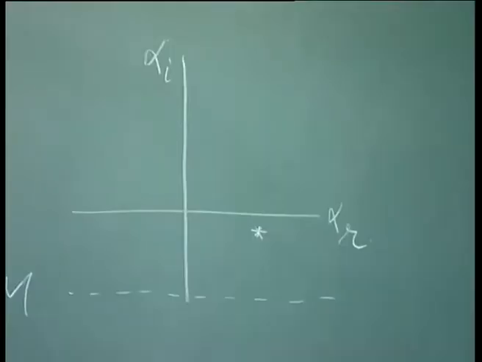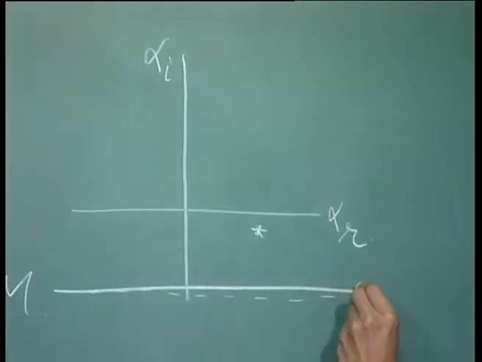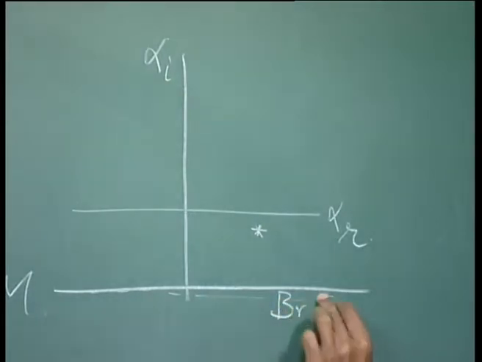Now, we discussed also that if we draw this as the Bromwich contour, okay, so this is my, say, the Bromwich contour in the alpha plane. Anything above corresponds to downstream propagation, anything below corresponds to upstream propagation.